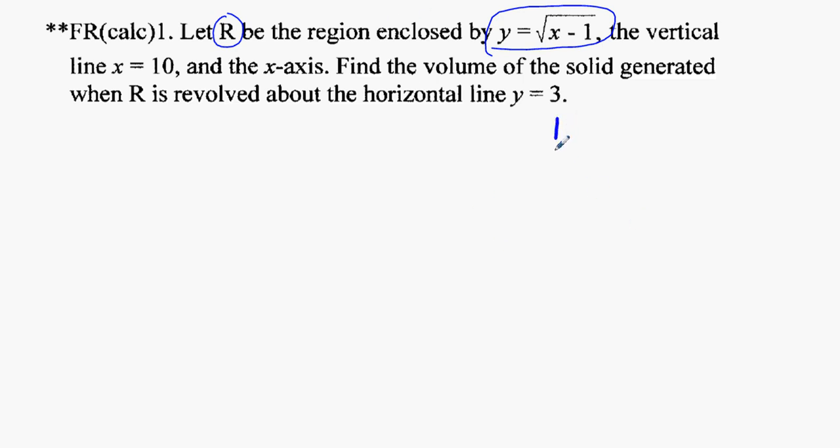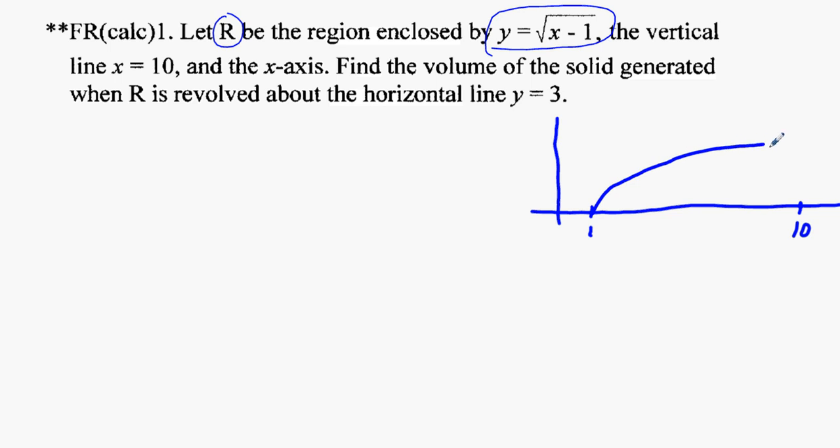For these, it's a good idea, in my opinion, to make a sketch of what's happening. So we draw this. We start here at x equals 1. We go to x equals 10. And the function is going to look like this, a square root function, and then we have y equals 3, the horizontal line here.